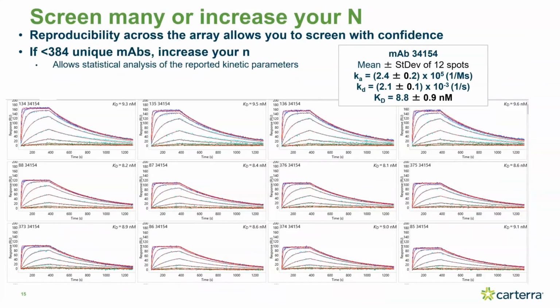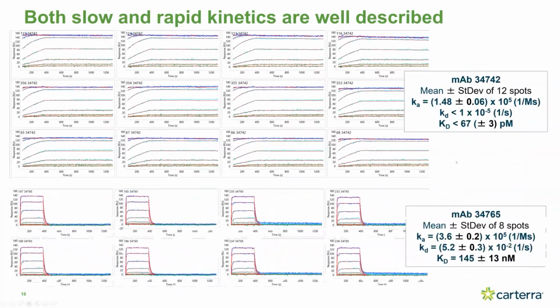So another advantage of this assay format is that when we do a broad concentration series, like for us, a standard is to start at about 1 micromolar and do this 8.3-fold serial dilution. So we're covering a very broad concentration range. And that gives us a really broad range of sensitivity to measure kinetics for different antibodies.